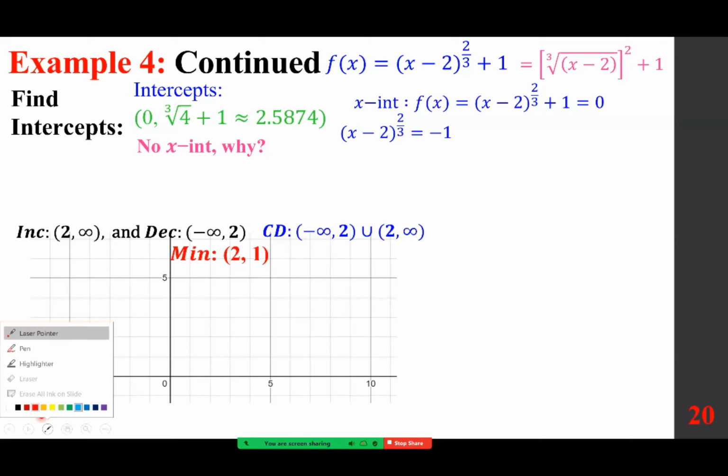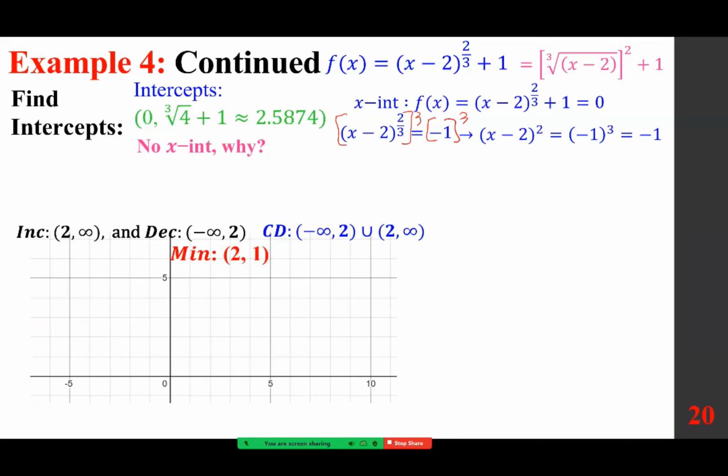So if I raise both sides to the power of 3, the left side becomes x minus 2 quantity squared, and the right side becomes -1 cubed. Now, x minus 2 squared is always positive with the exception of x equals 2. And this one is always negative, therefore there is no solution.